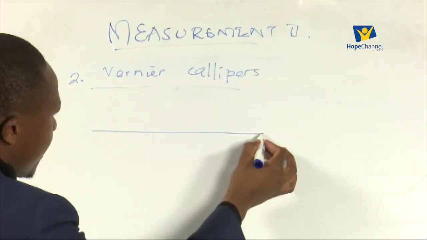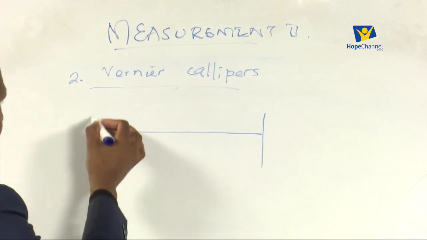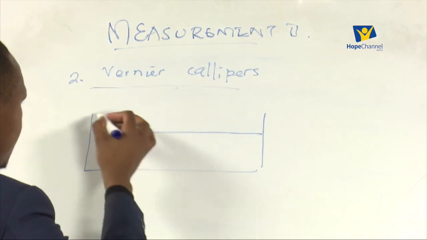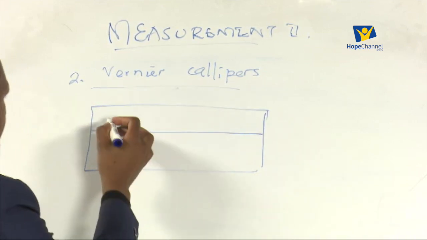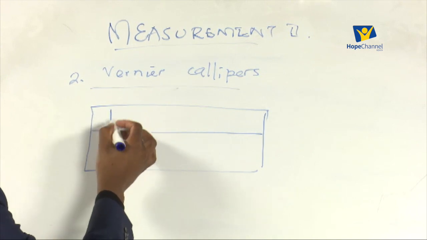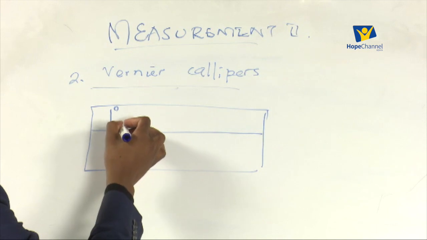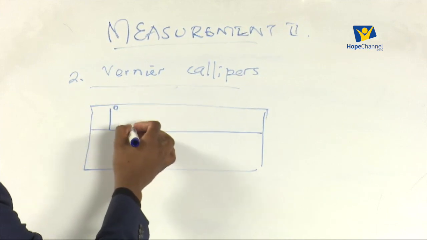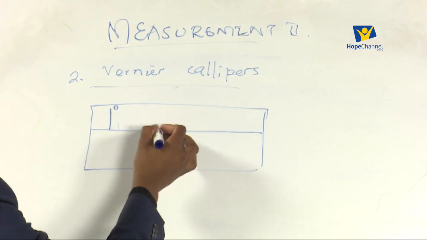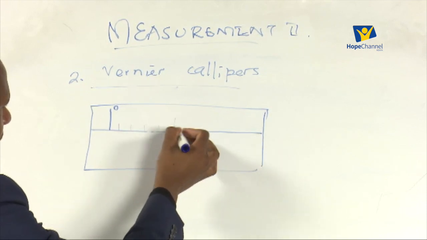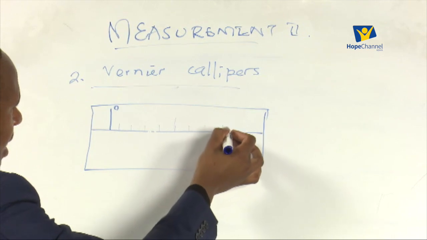We have something like this one. There is a scale on the upper part that is calibrated like this. If that is a 0, then I have 1, 2, 3, 4, 5, then 6, 7, 8, 9.